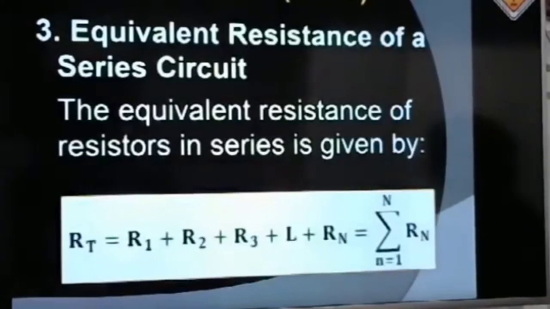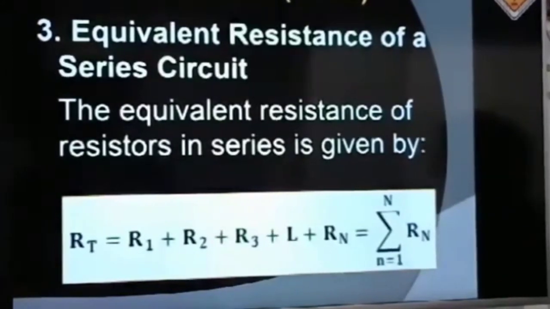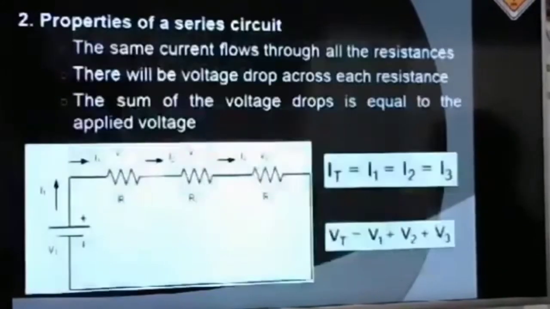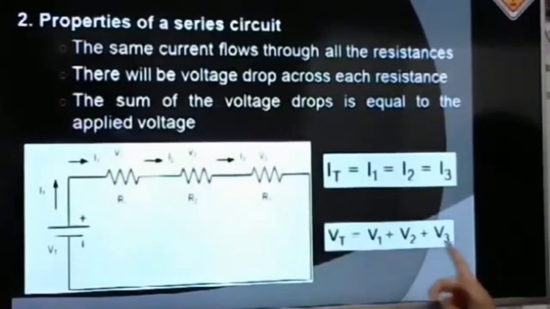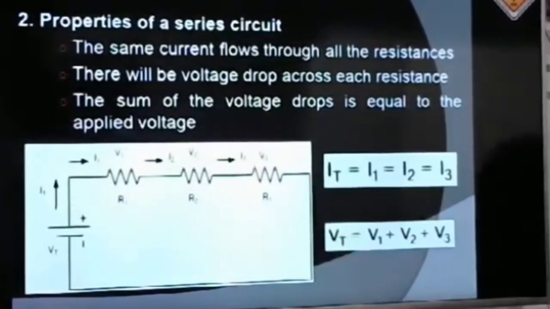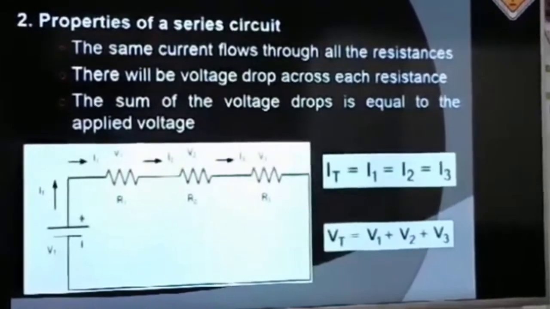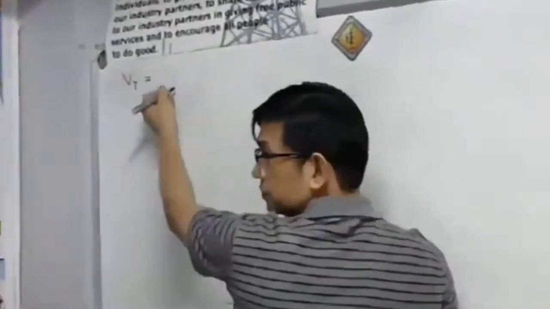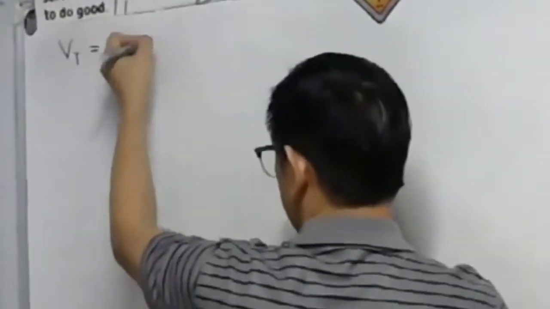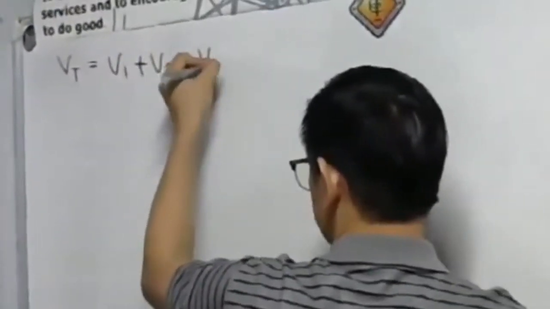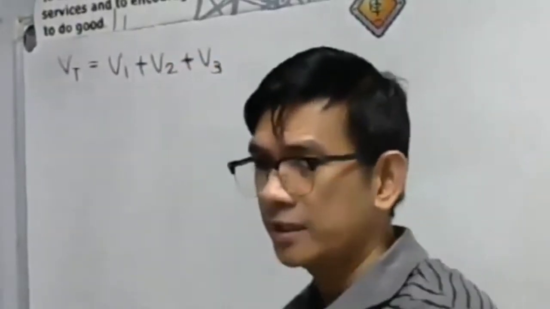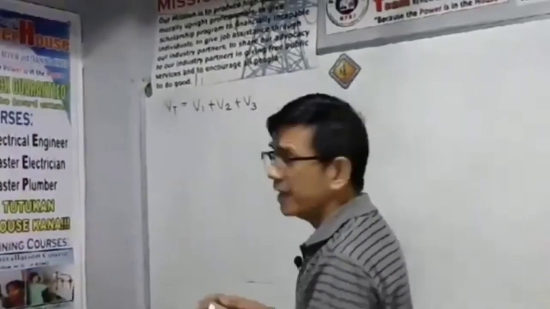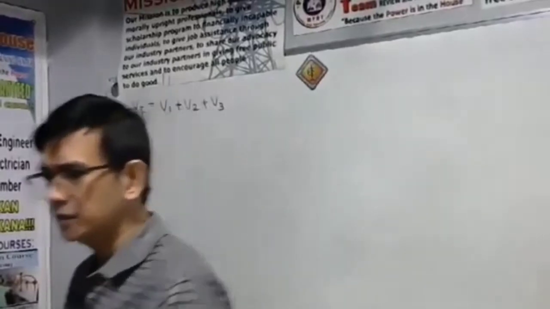Then, for the equivalent resistance of a series circuit, let's go over our voltage equation. We have V total equal to V1 plus V2 plus V3. So that is our equation. Then by Ohm's law, what is our V total?